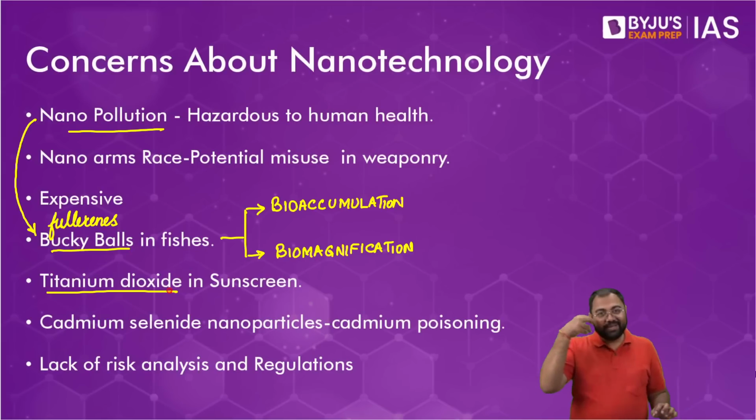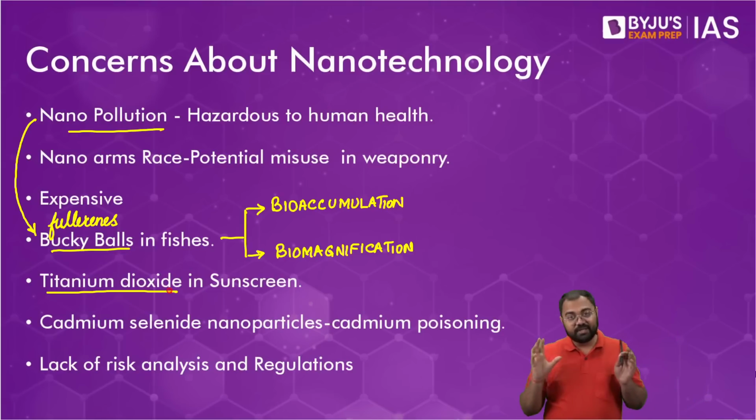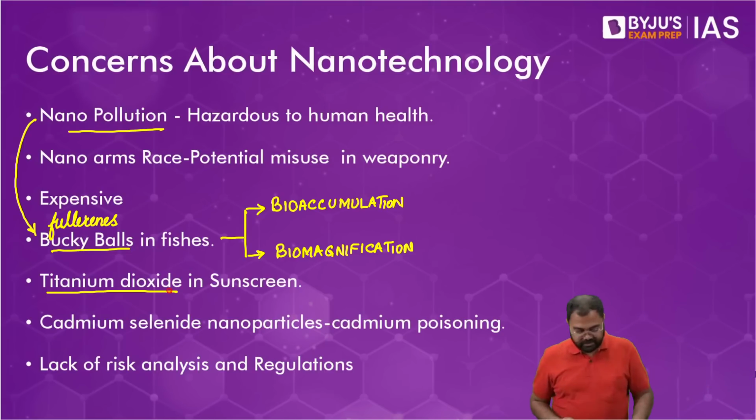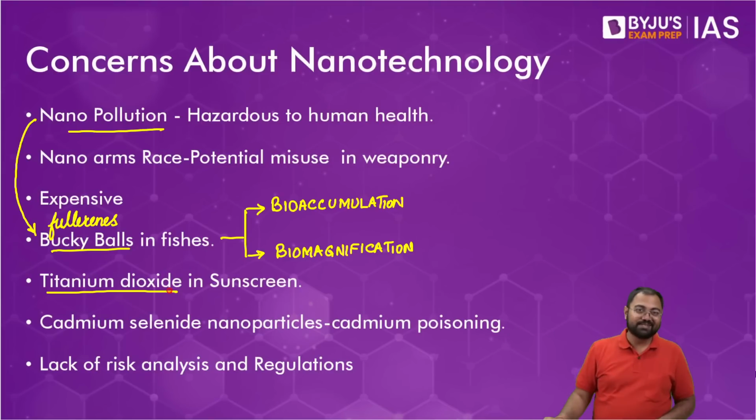They would not be able to enter inside the skin because of some technology that they are using. And this is where titanium dioxide was really advertised a decade back, that the higher amount of titanium dioxide means that they'll be able to save you better from UVA and UVB radiations of the sun rays.